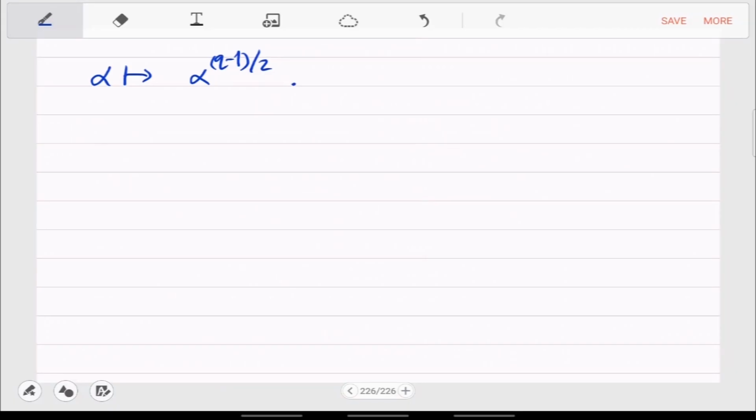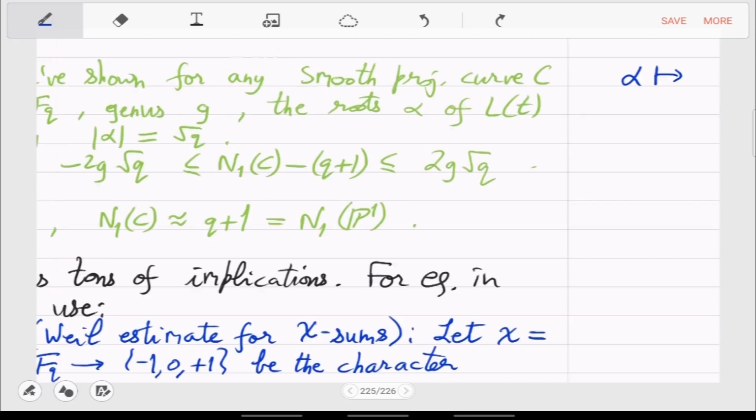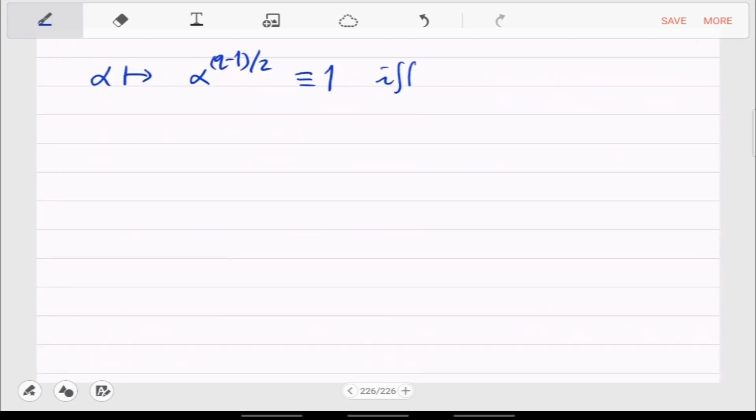Here q may not be a prime. Even then, do we call it the Legendre symbol? I don't know. But when q is a prime, this is exactly the Legendre symbol. In bigger finite fields, this is basically the criterion of when alpha is a square inside that field.